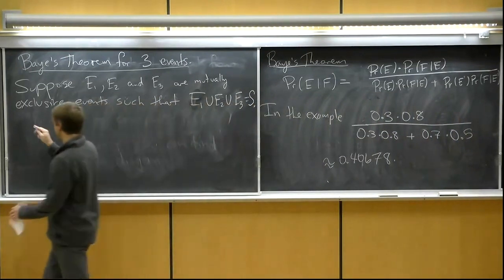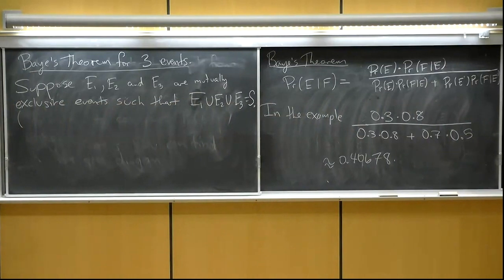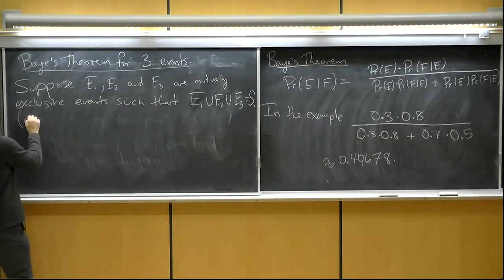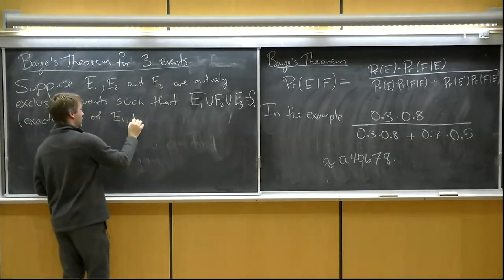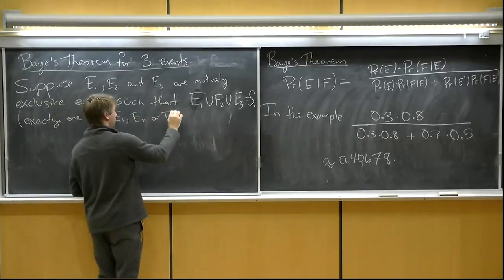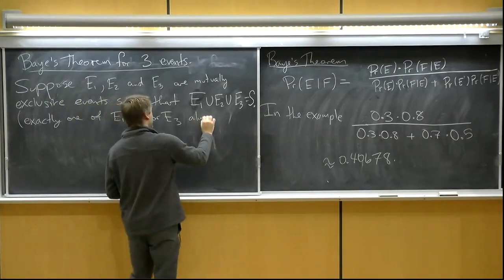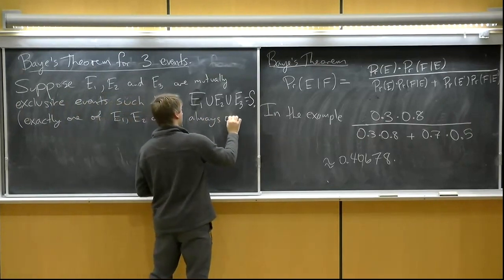This is very jargony, right? To take the jargon out of this, what this is really saying is that exactly one of E1, E2, or E3 always occurs.